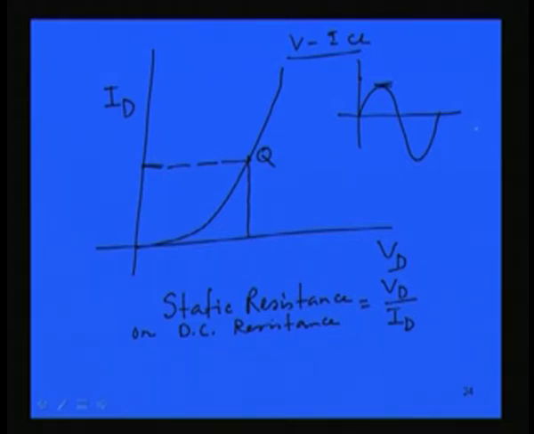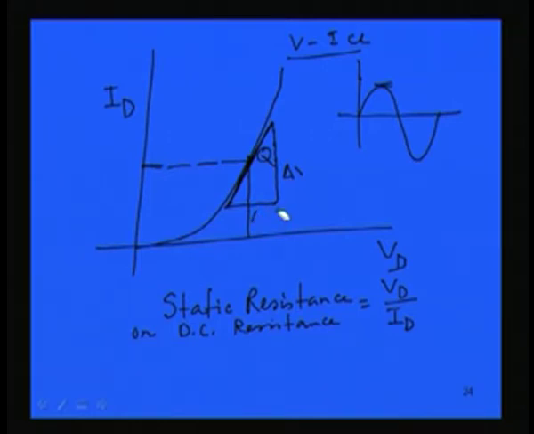In order to find the dynamic resistance, you draw a tangent at this point where you are operating the diode, and at 2 points on the tangent, you find out the incremental change of the current and change of voltage.